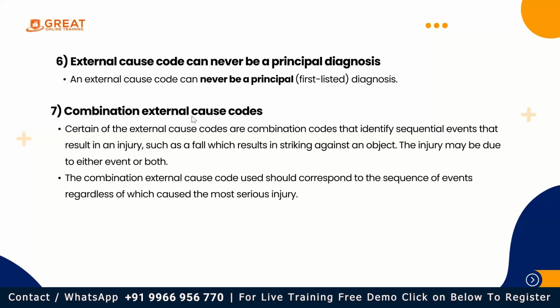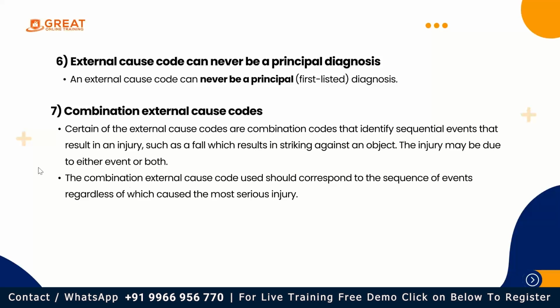Next, combination external cause codes. Certain of the external cause codes are combination codes that identify sequential events that result in an injury, such as a fall, which results in striking against an object. The injury may be due to either event or both.